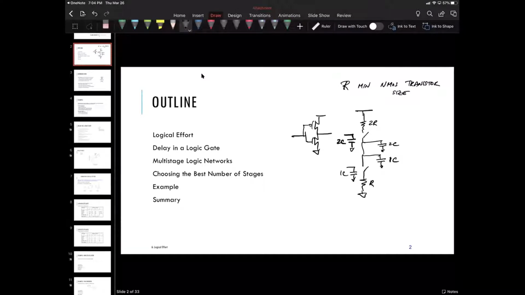And if you had something twice as wide, you would end up with R over 2 for 2x wide NMOS, and so on. So it'd be R over 4 for a 4x wide NMOS. And then we said that the resistance is 2R is the minimum resistance.